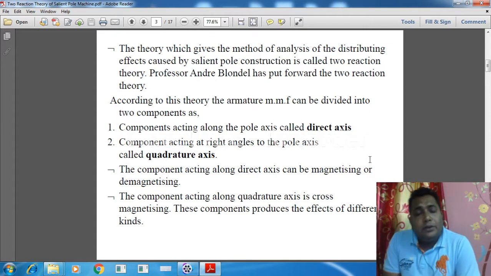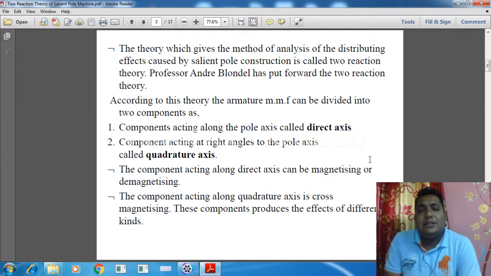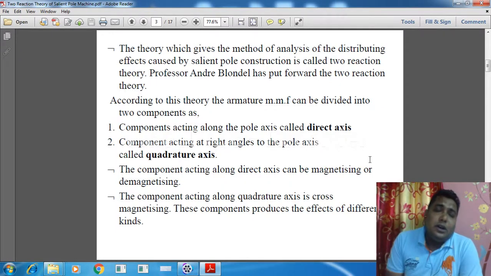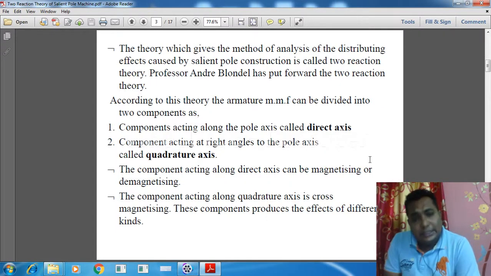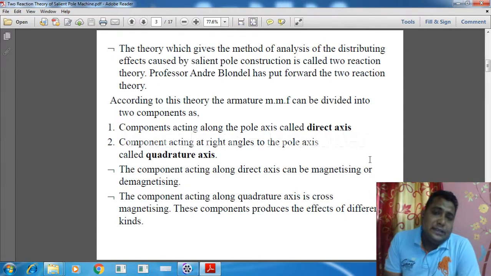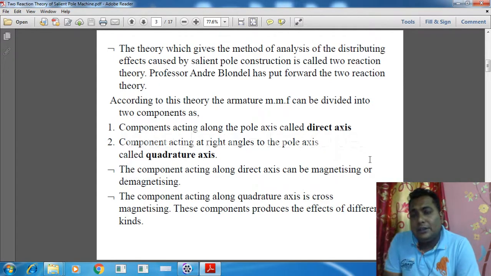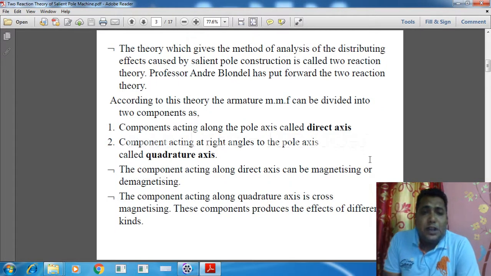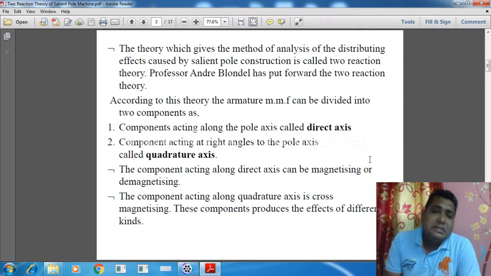Professor Andre Blondel invented this method, known as the two reaction theory, where the salient pole is divided into two sections. Let us see what is there in this theory. According to this theory, the armature MMF can be divided into two components.